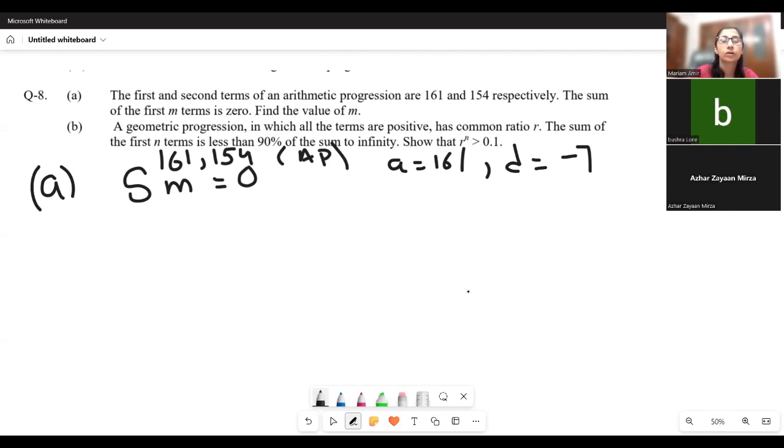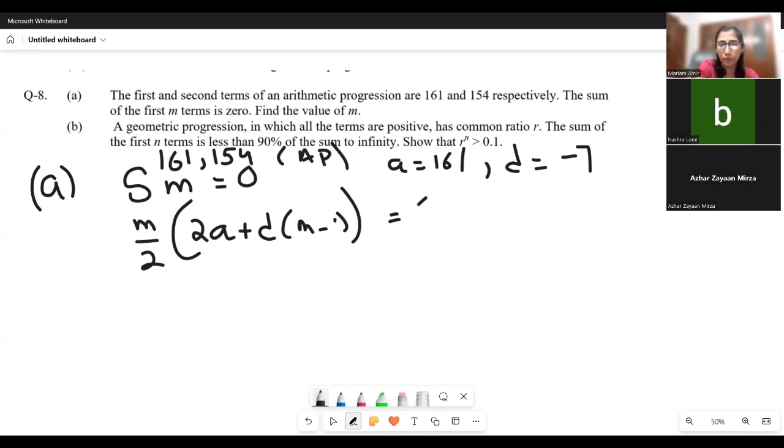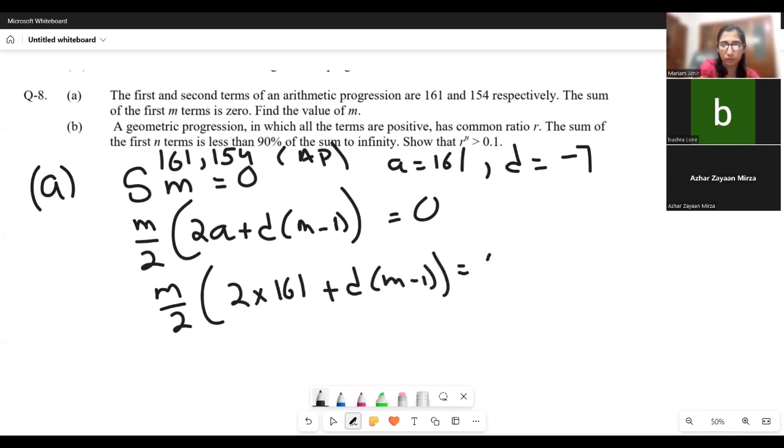So the sum of the first m terms is going to be m upon 2 times 2a plus d times m minus 1. Instead of n, we have to write m. So m over 2 times 161 plus d times m minus 1 equals 0.